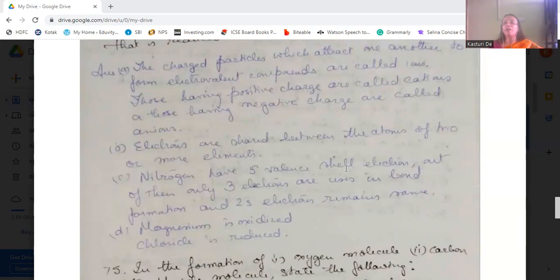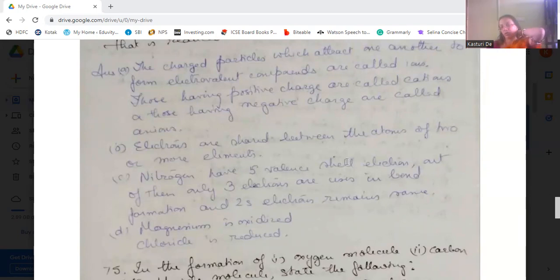Therefore, nitrogen will use 3 electrons in the bond formation, and the 2s electrons remain the same. The first shell electrons, that is 2 electrons, will remain the same.